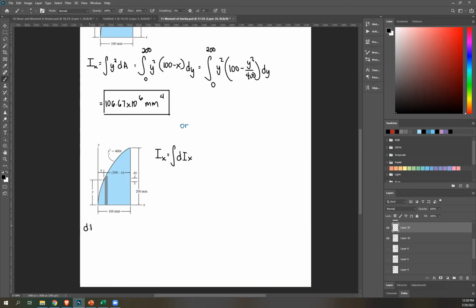So let me just write that, dIx, differential moment of inertia of the rectangle. Rectangle being this differential area. Okay, now how do we get that? So now just consider your rectangle.